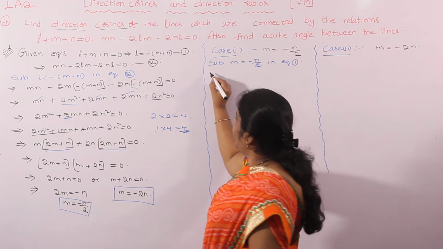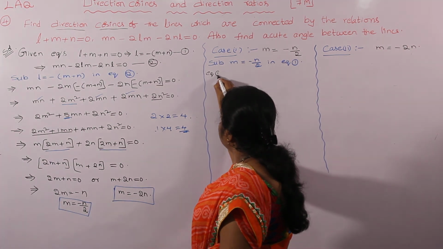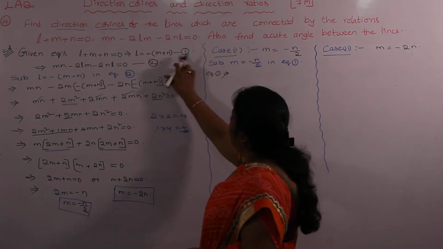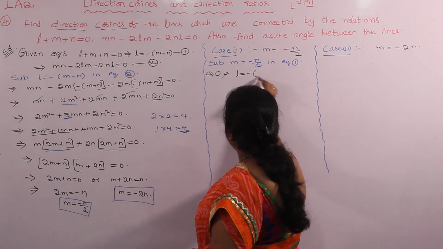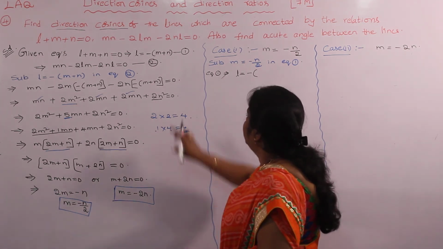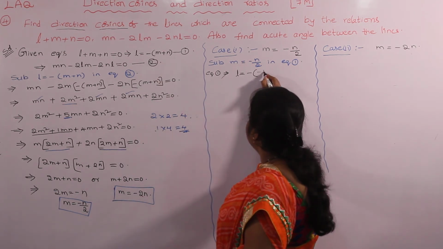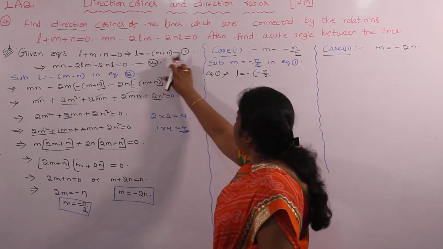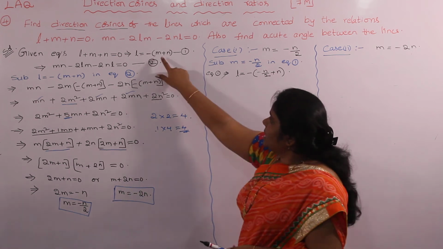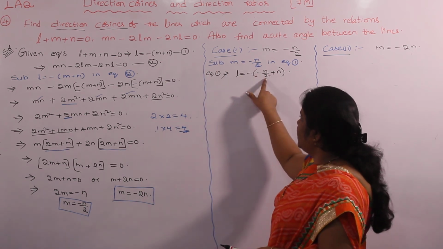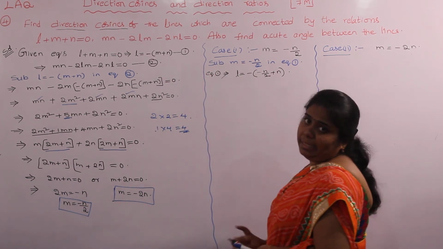So equation 1 implies that L is equal to minus of m plus n, that is minus of minus n by 2 plus n. Okay, m is minus n by 2, plus n as it is.